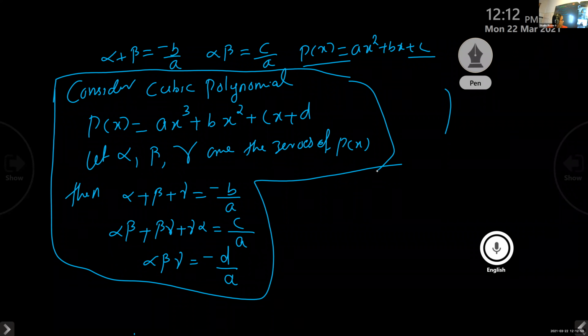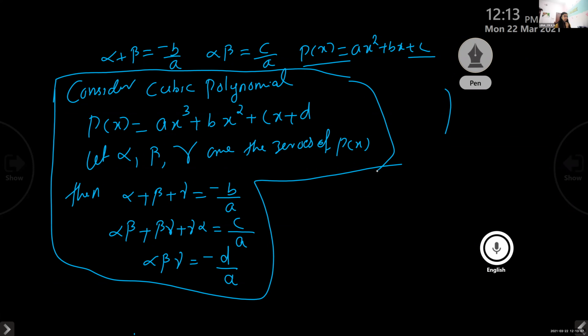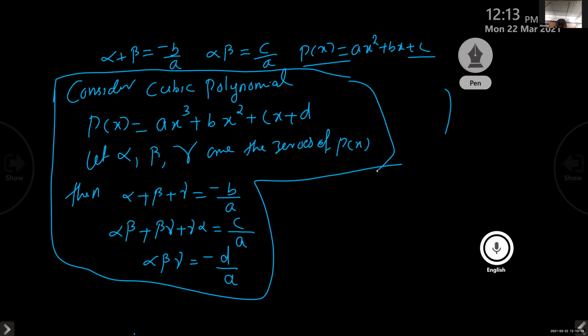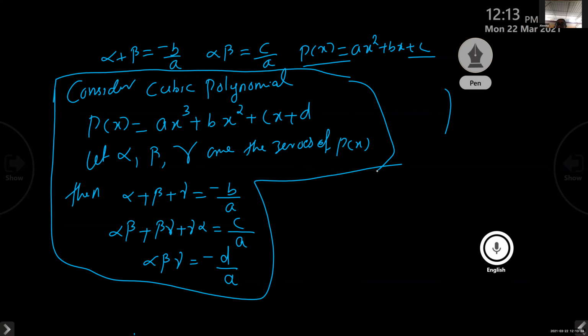Lena, read. Alpha plus beta plus gamma is equal to minus b by a. Alpha beta plus beta gamma plus gamma alpha is equal to c by a. Alpha into beta into gamma is equal to minus d by a. Alicia, read. P of x is equal to ax cube plus bx square plus cx plus d.